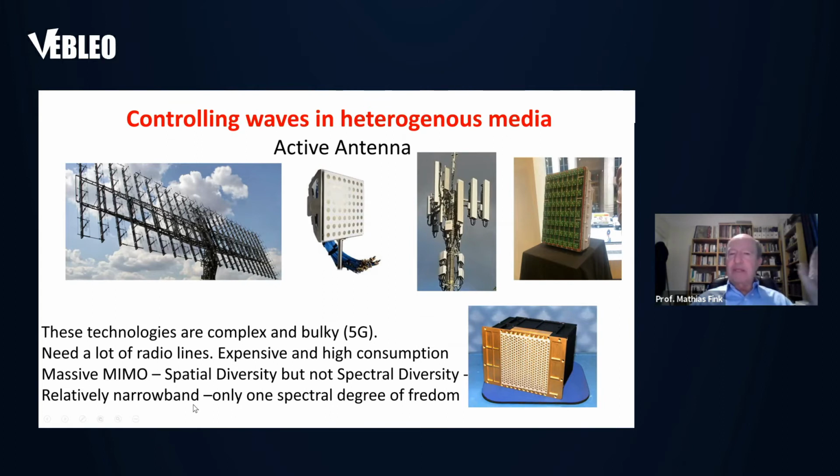People use relatively narrow band signals, typically 50 megahertz around 3 gigahertz, which is narrow band. And in fact, they have no spectral diversity, but only spatial diversity. And 5G uses this concept to focus waves, but only with spatial diversity and with a kind of phase conjugation technique. But it is quite expensive because you need many antennas to do what is called massive MIMO, and many antennas with many amplifiers and many emitters.